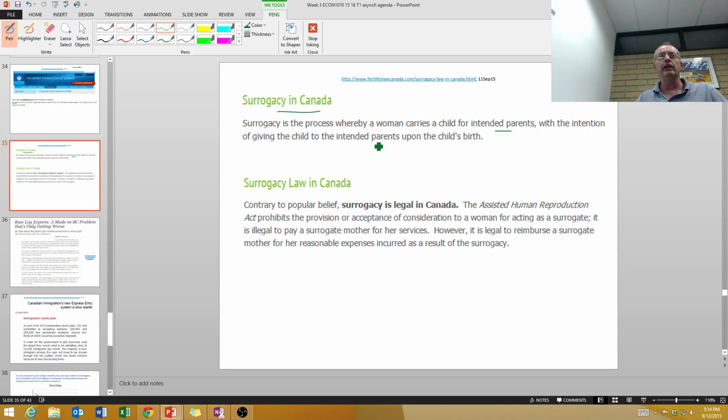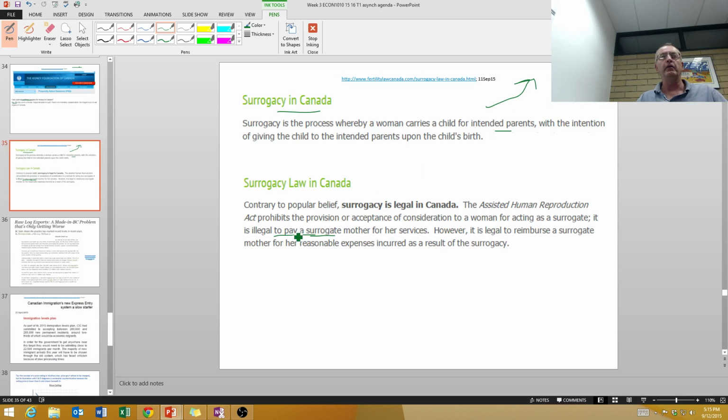Surrogacy in Canada is legal, but you cannot do it for pay. You can do it for free as a donation, like donating one of your organs, but you cannot hire somebody as a surrogate mother in Canada. I believe there is legal surrogacy in some other countries, so sometimes you hear about Canadians going across the border.